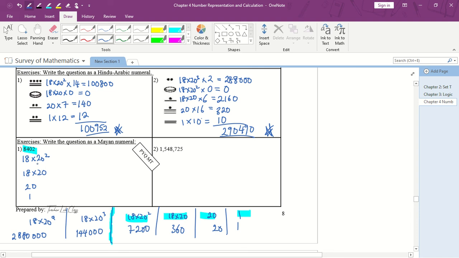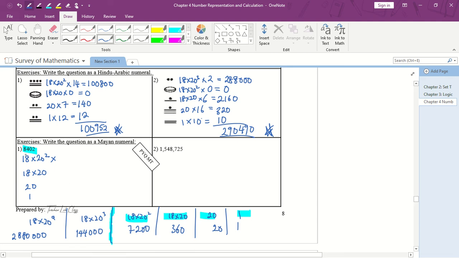Okay, once we have the place values here, then we need to start knowing how many of this 18 times 20 square do I need. So how to do it? Use 8402 to divide 7200. Why 7200?